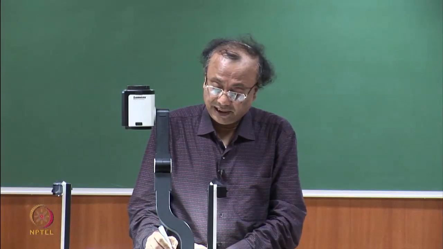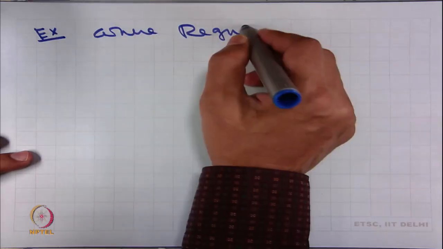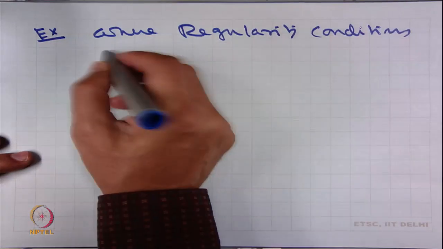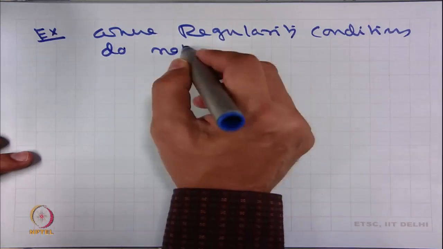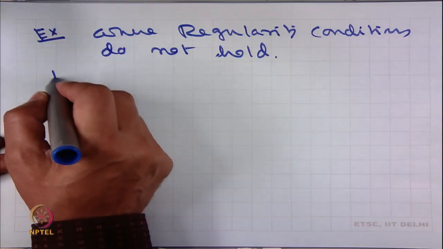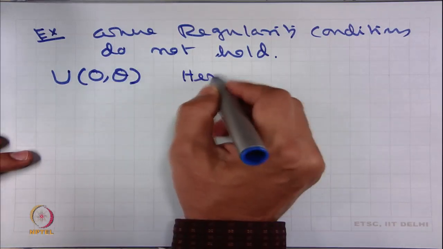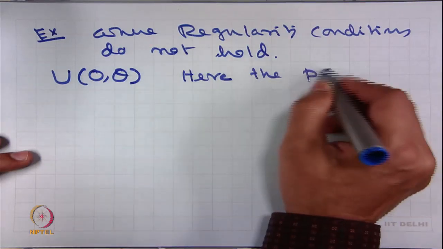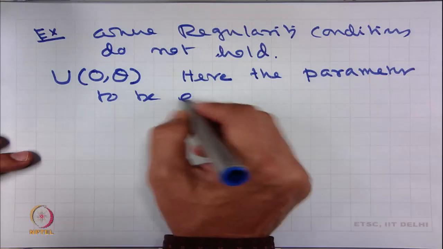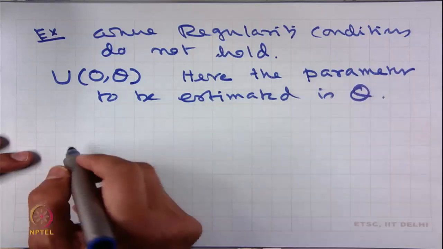Okay, let us now consider an example where regularity conditions do not hold. So, for example, consider uniform 0 theta. Here, the parameter to be estimated is theta.